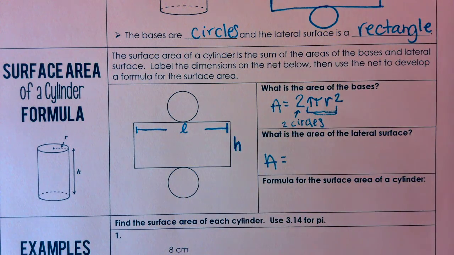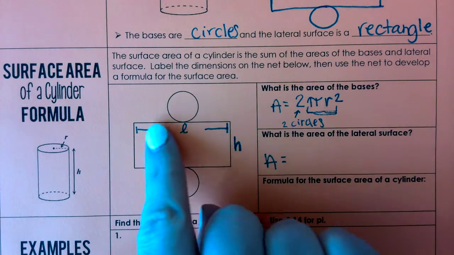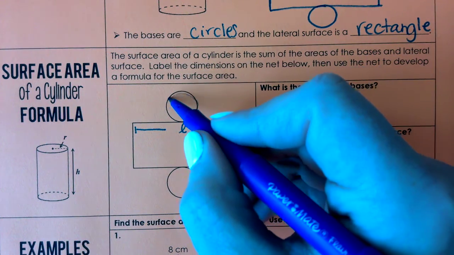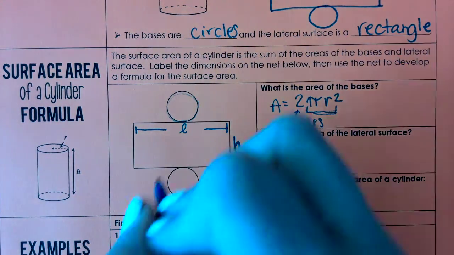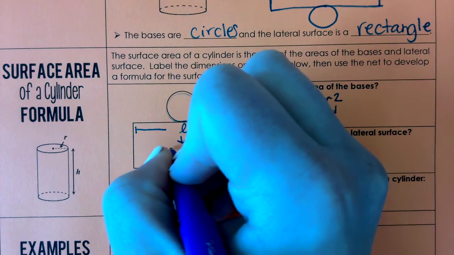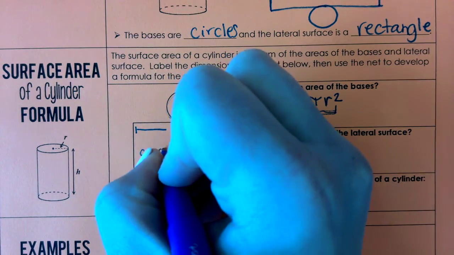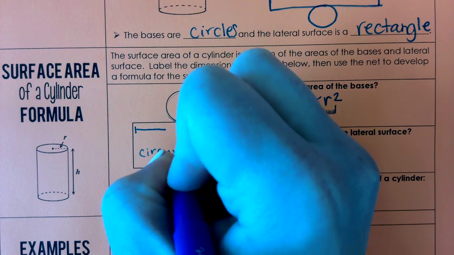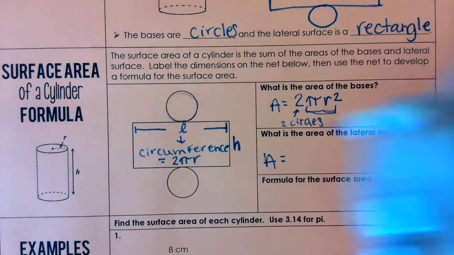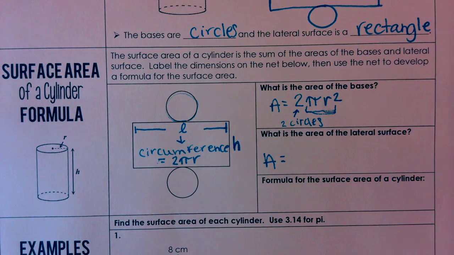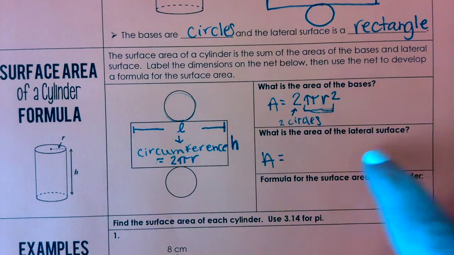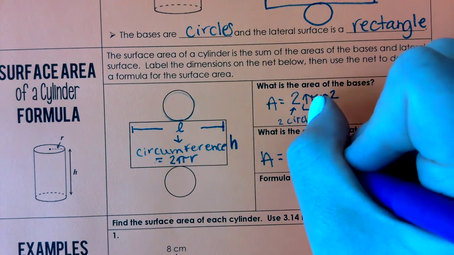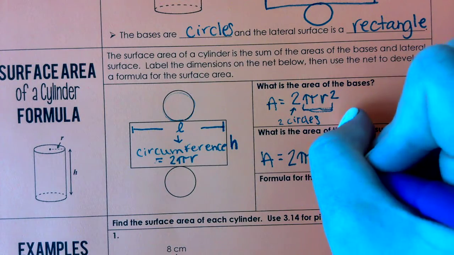But we don't know this length, because that is what connects around the circle. It would be the circumference of the circle, which is 2 pi r. So our lateral face is 2 pi r times our height.